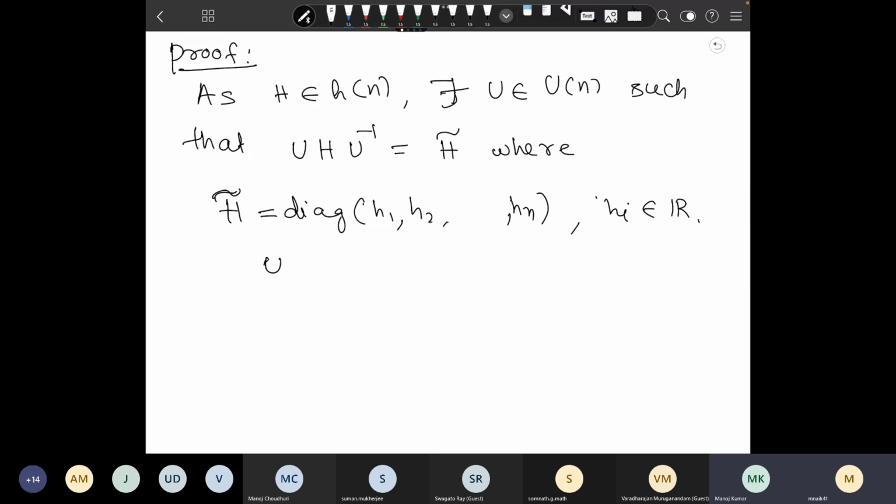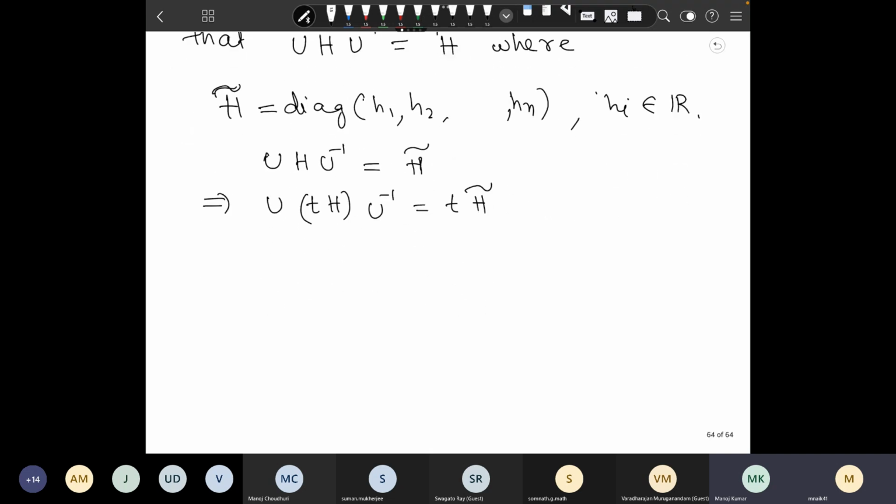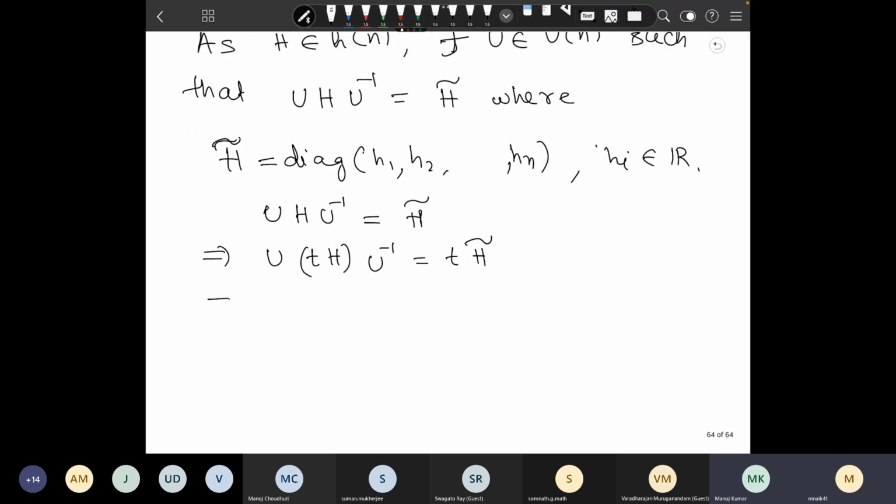Now you take U H U inverse equal to H tilde. That will imply that U tH U inverse is equal to tH tilde, so U exponential of tH U inverse is equal to exponential of tH tilde.